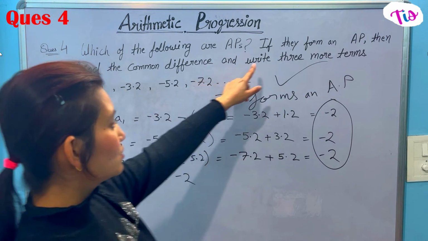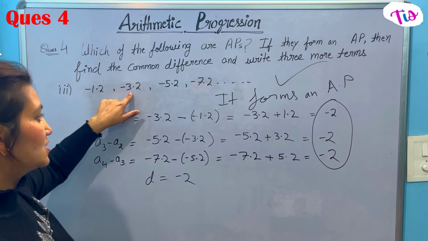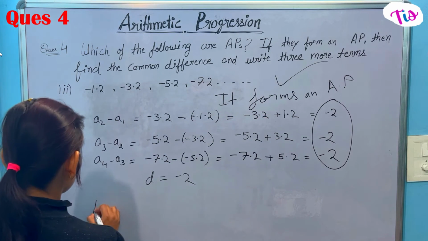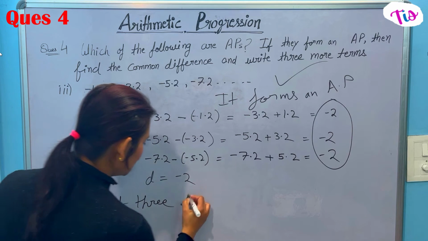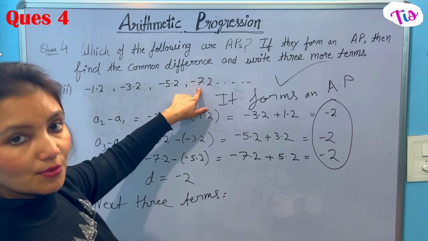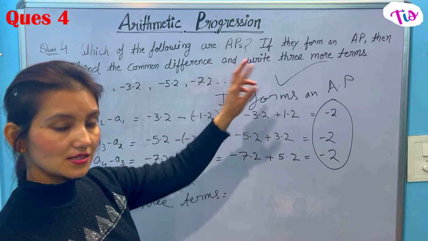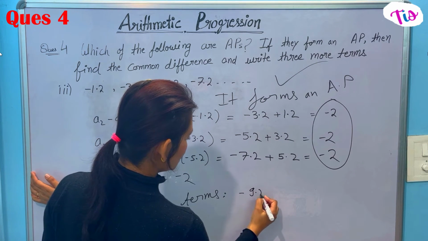Now we need to find the next 3 more terms. You see minus 1.2, minus 3.2, minus 5.2, minus 7.2. So what will be the next 3 terms? Add minus 2 to minus 7.2, so it will be minus 9.2.